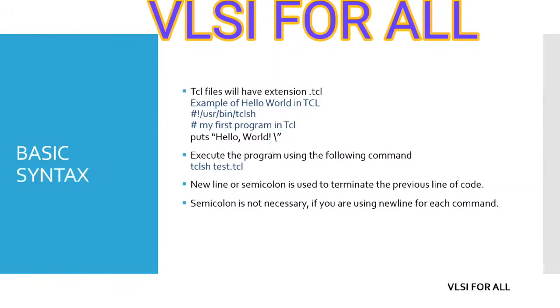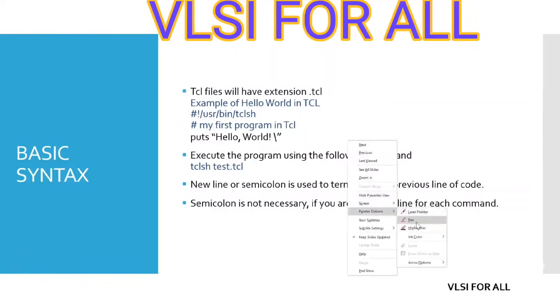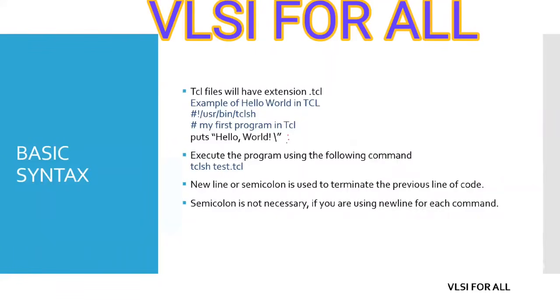But if you have to write two commands in the same line, you have to use a semicolon. If you want to write a puts command or some other command in the same line, you have to use a semicolon. But if you're going to write a command in the next line, there is no need to use any semicolon. Okay. So to terminate a command in TCL, you have to either use a semicolon or go to the next line.